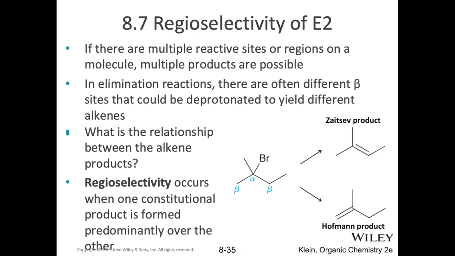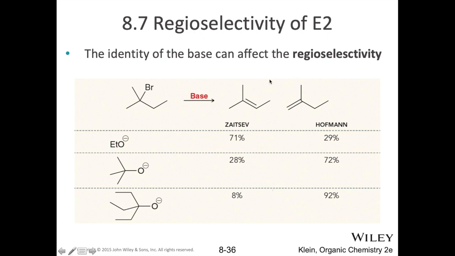So remember, it's the bulky base that prefers the Hofmann product. And the reason that it's more difficult for a bulky base to form the Zaitsev product is that the beta carbon you remove a proton from to make the Zaitsev product is more sterically hindered than the beta carbon that you would deprotonate to make the Hofmann product. Okay, so it's easier for a bulky base to access this beta carbon than for a bulky base to come in over here, where this extra methyl group is sticking out.